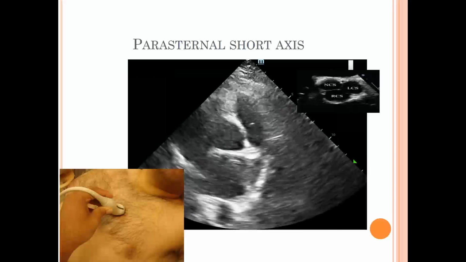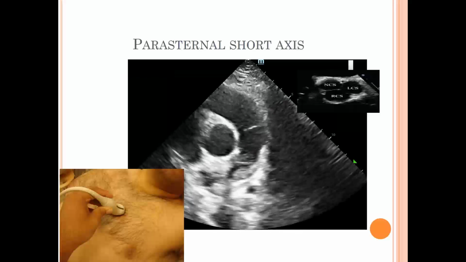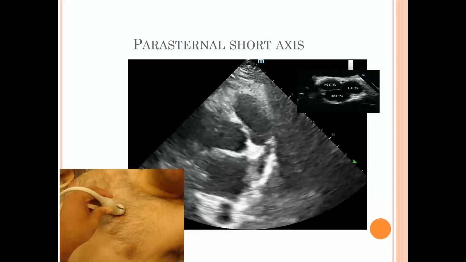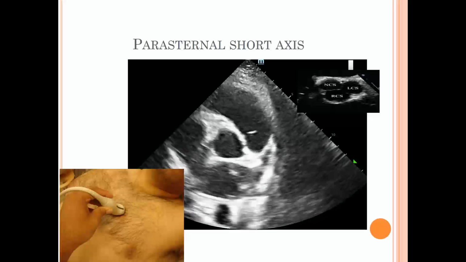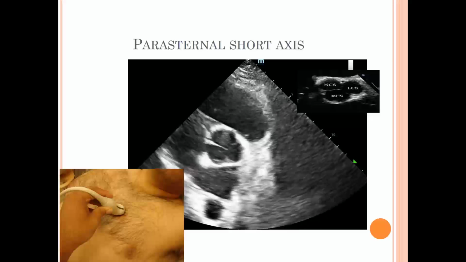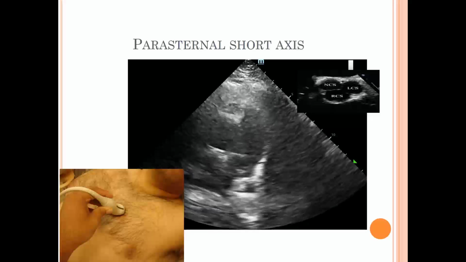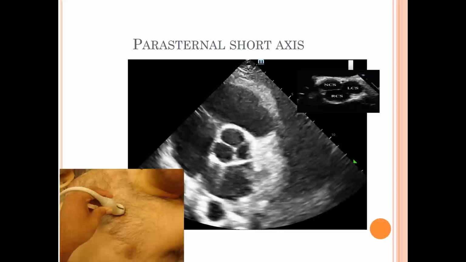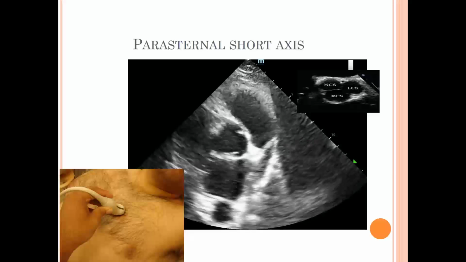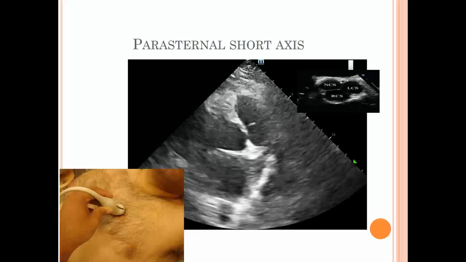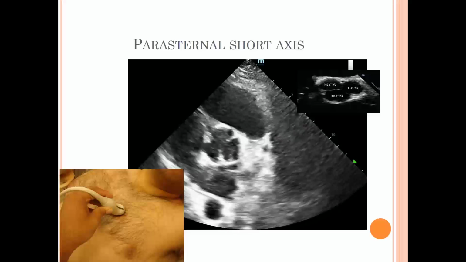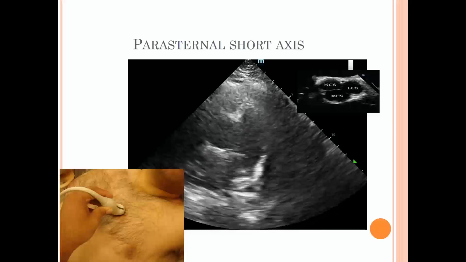And finally, for the parasternal short axis cuts, this is the level of the aorta and left atrium, where we measure the aortic root, the left atrium, the aortic cusp separation, and the ratio between the aorta and the left atrium. Not only this, but we comment on the aortic cusps, whether they are bicuspid or tricuspid, the coronary arteries, the relation of the aorta to the pulmonary artery, and the pulmonary valve.